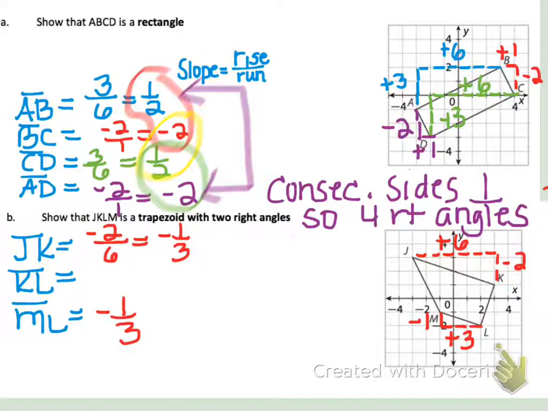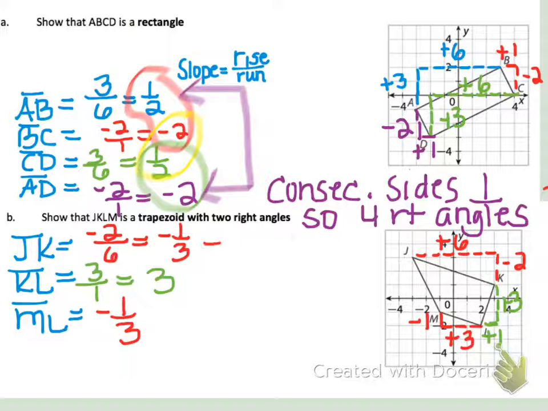We've got that parallel pair of sides. And now we're going to look at LK. To go from L to K, I'm going to go to the right 1, and I have to go up 1, 2, 3. So up 3. So the rise is 3, the run is 1, the slope is 3. Okay? So we've got this pair of sides.